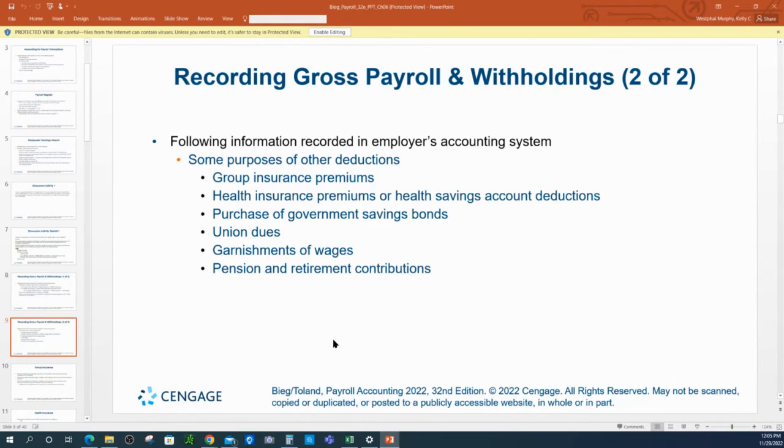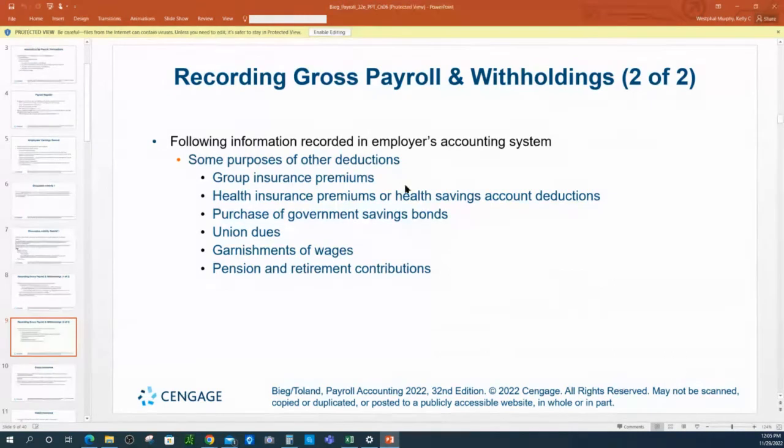It could be voluntary amounts, things like insurance, if they're choosing to participate in their group insurance plan. If the employee has an amount that is withheld from their paycheck for that, that would be another type of withholding. It would be included in one of our credits. That amount would be credited.